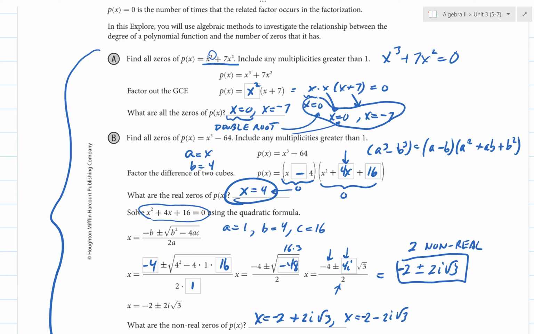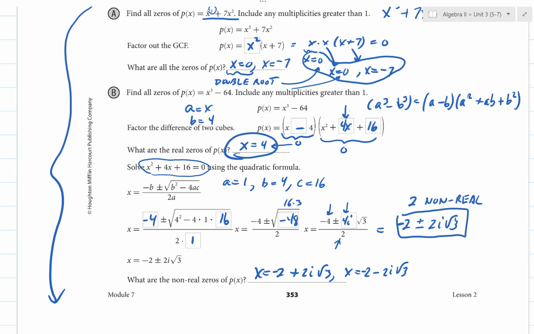Okay, remember we started with a cubic, that's a third degree polynomial, and we have our three solutions, one real and two non-real. Something that's good to note here is that whenever we have non-real solutions, they will always come in pairs. You'll never have just one single imaginary root. They always come in pairs, and they're always conjugates of each other.